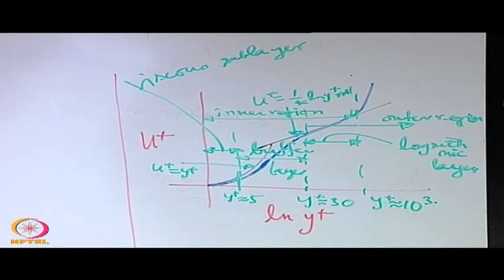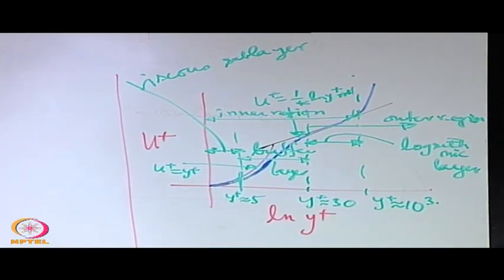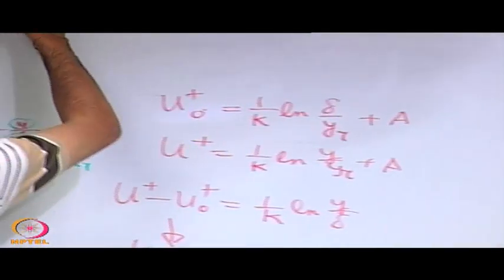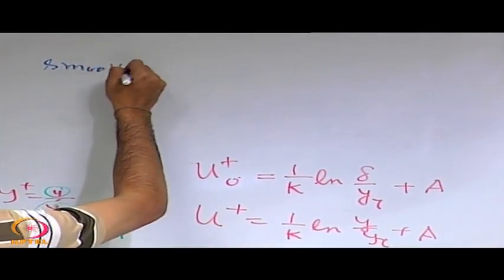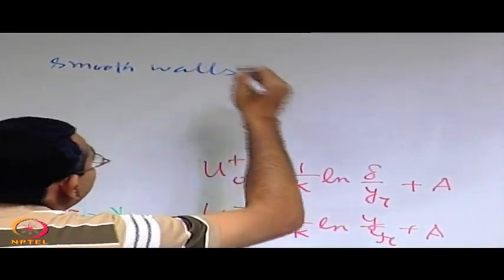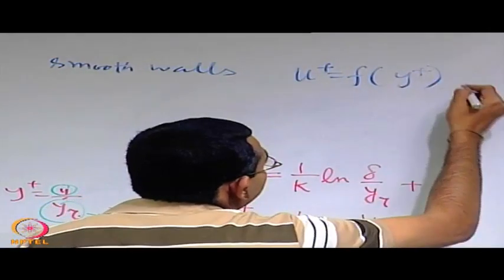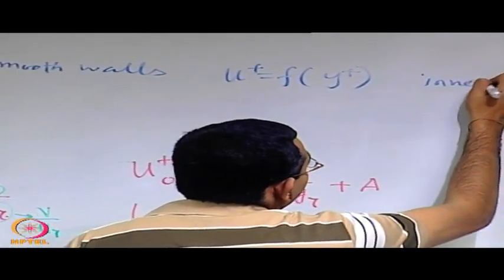Now what we will do is have a short description of this in an alternative viewpoint, an alternative picture. Let us say that we do not know the form of the velocity profile very close to the wall. Just from dimensional arguments we can write that for smooth walls, u plus is a function of y plus in the inner region very close to the wall.